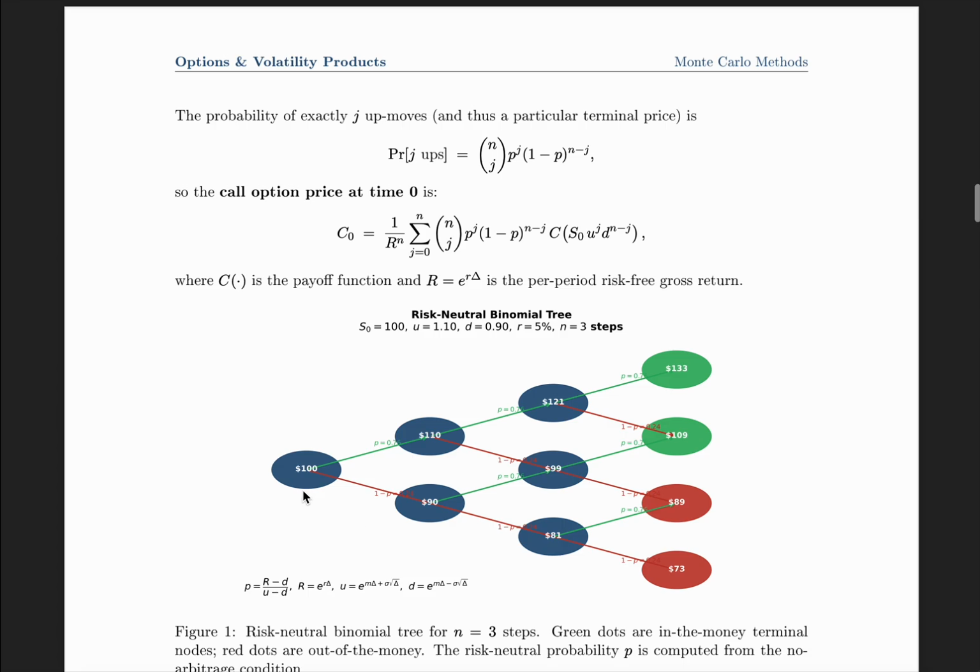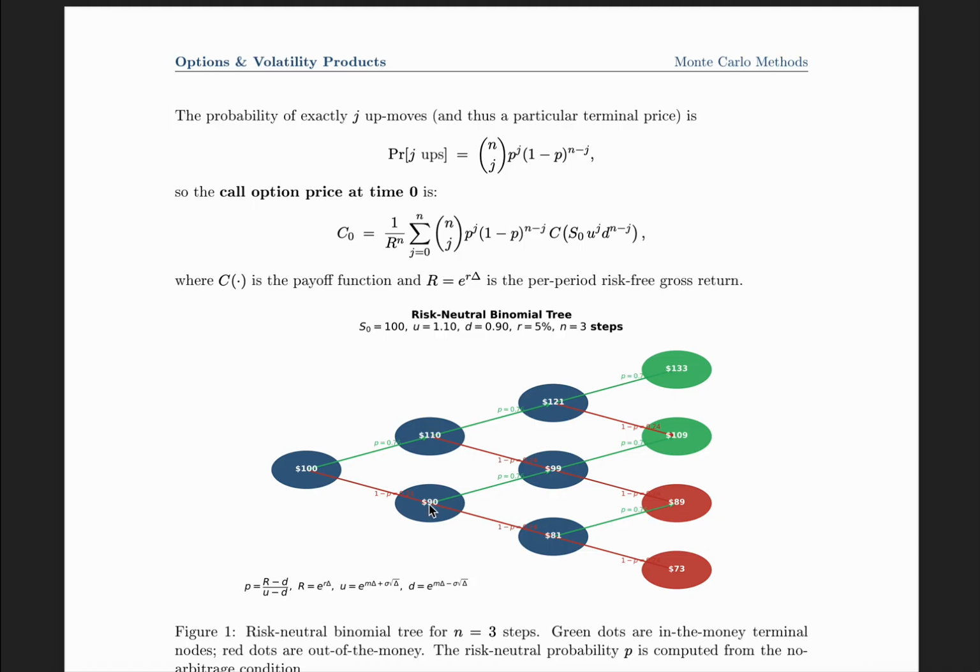So let's imagine that at each discrete moment in time, the stock price can either go up or it can go down. So let's say that if it goes up, it gets multiplied by 1.1, and if it goes down, it gets multiplied by 0.9.